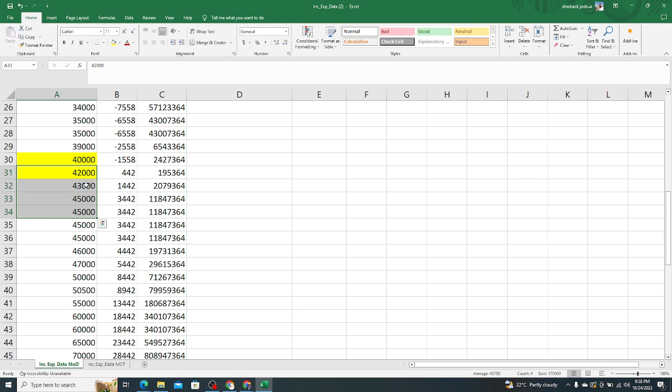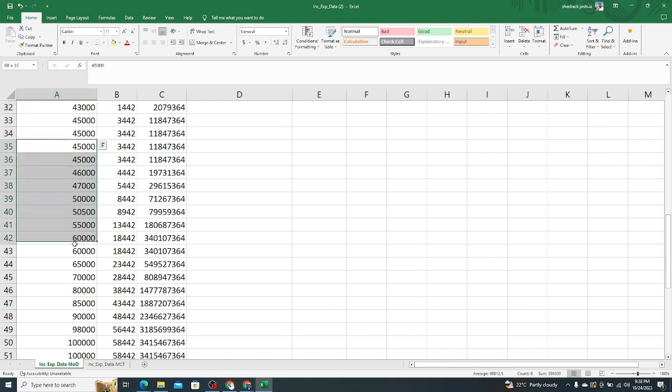The values around the mean have no large variability or difference. But as we increase the value of the income, we move from moderate, meaning within plus or minus let's say 1,000, to a situation where the dispersion or variability is also increasing. Why?